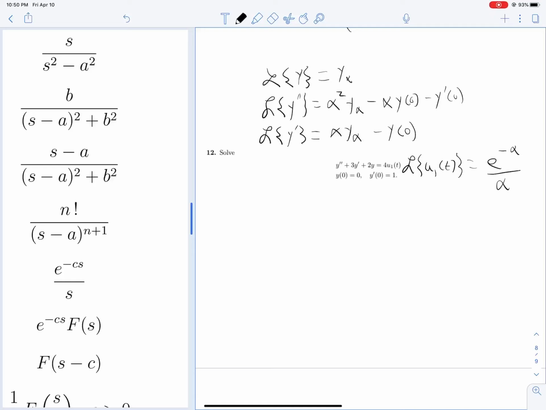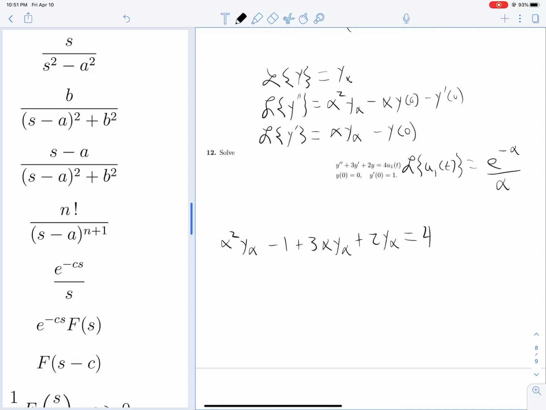Okay, so y double prime here is alpha squared y alpha minus alpha times y0, well, y0 is just 0, minus y prime of 0, so that's minus 1. And then we have 3y prime, so that will be 3 alpha y alpha minus 3 times y0, which is again just 0, plus 2 y alpha, transforming that to y.